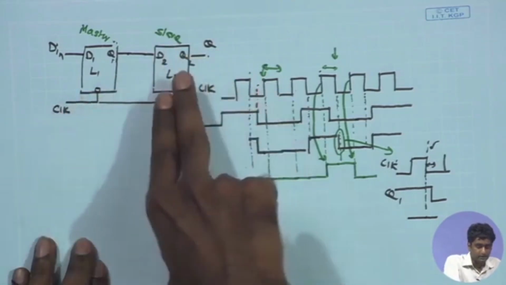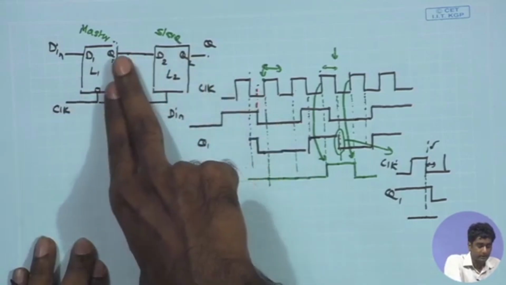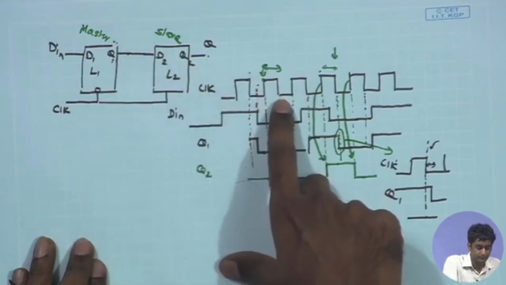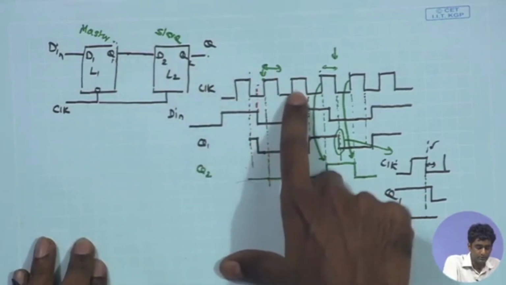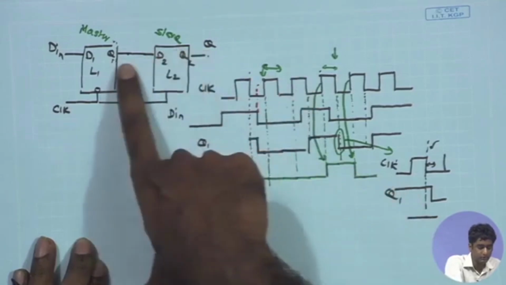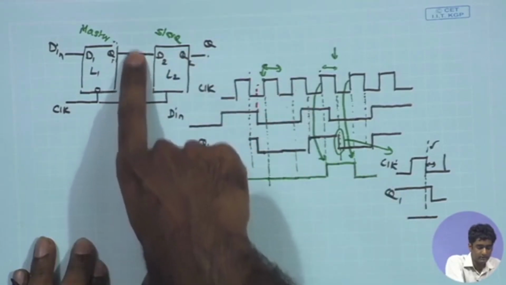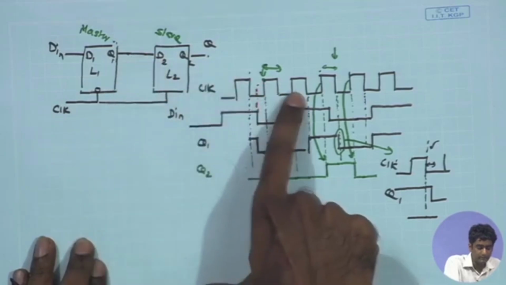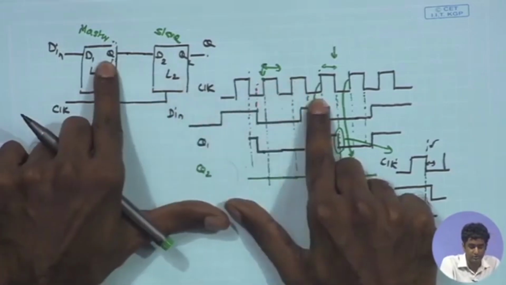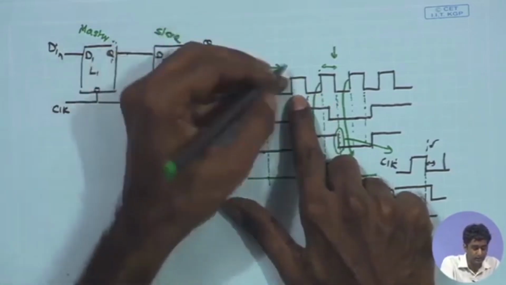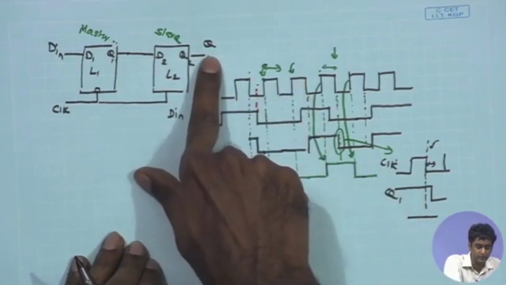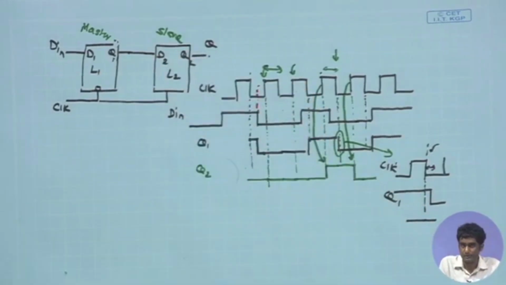In other words, the slave effectively is latching onto the data provided by the master at the positive edge of the clock. Whenever there is a positive transition in the clock, the slave is able to copy the data that was stable during the positive phase. During the positive phase, the master does not change, so whatever data was made available at this positive edge of the clock is transferred to the output.